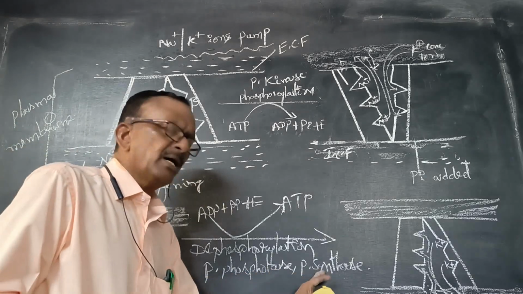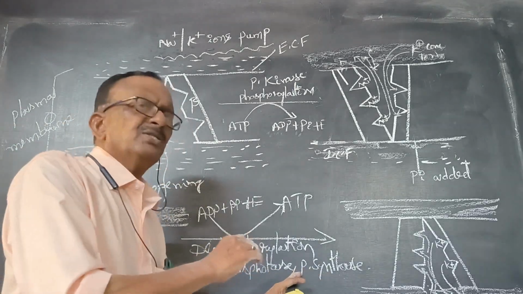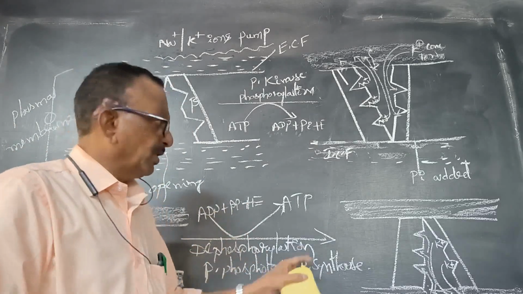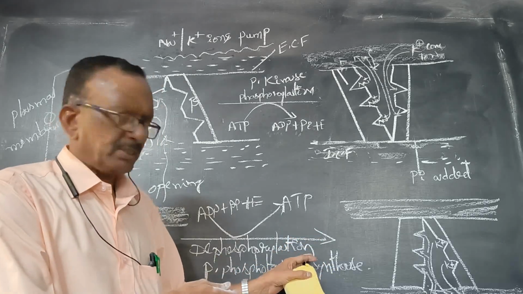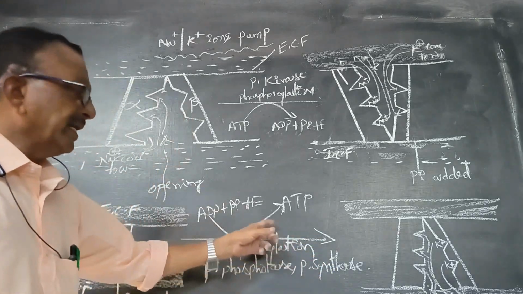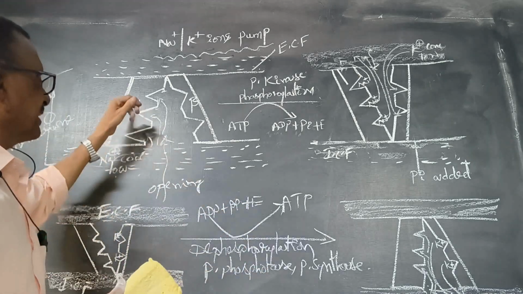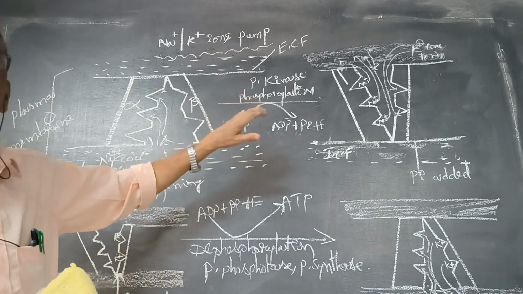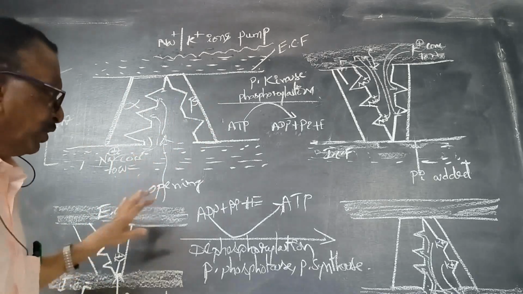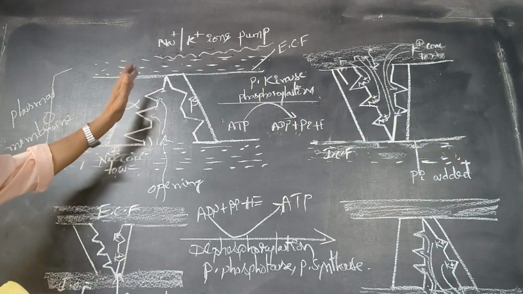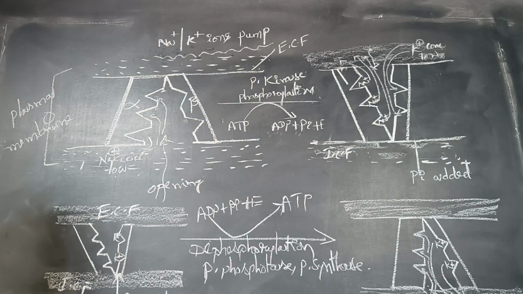So the general meaning of synthase is that energy is not required. So this is a passive process here. Energy is not spent in the dephosphorylation, whereas in the case of phosphorylation we need energy supply. So this constitutes the sodium potassium ion pump.